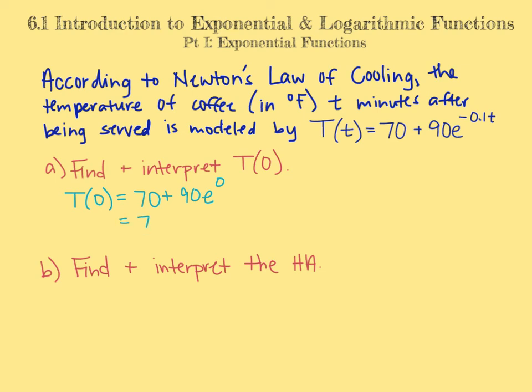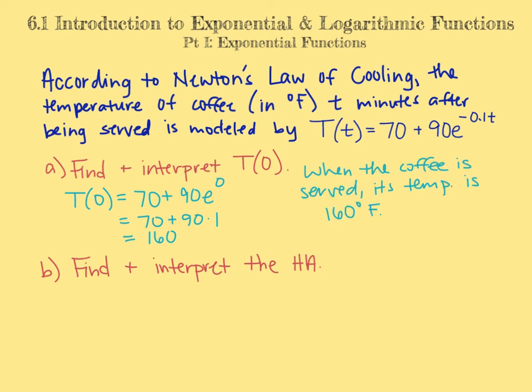So we'll have 70 plus 90 times 1. So 70 plus 90 is 160. So that means that right when the coffee is served, so 0 minutes after being served, its temperature is 160 degrees Fahrenheit. Another way you could say that is the initial temperature of the coffee is 160 degrees Fahrenheit.